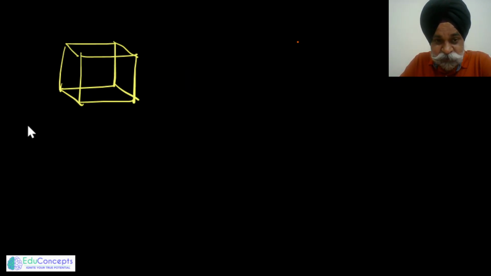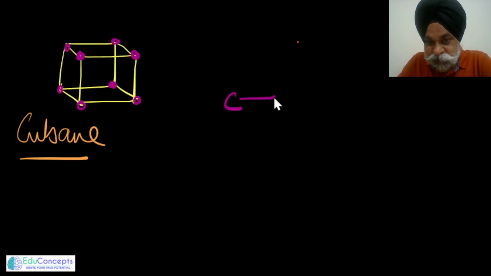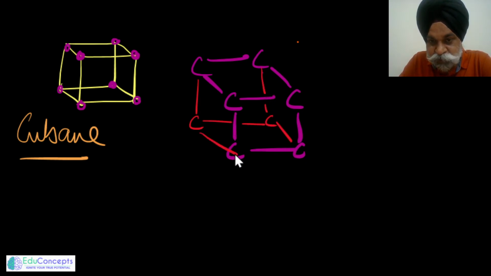There is another compound which is very popular in organic chemistry, cubane, just because it looks like a cube. All of these corners are nothing but what? These are carbons. Now if I write all of these as carbons, can you figure out how many hydrogens you have in this?